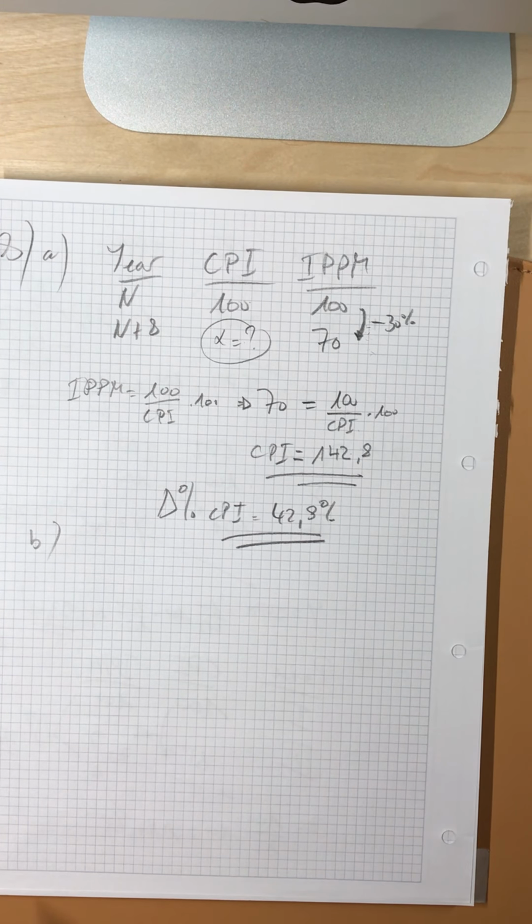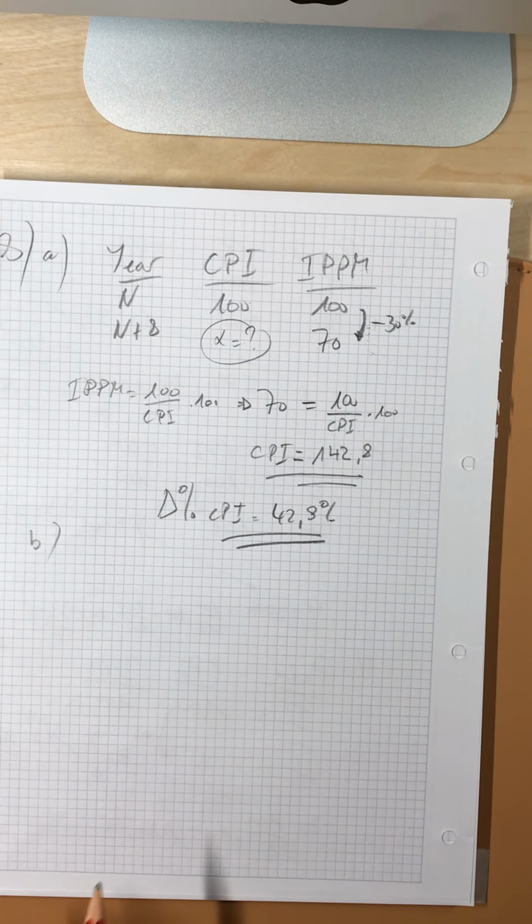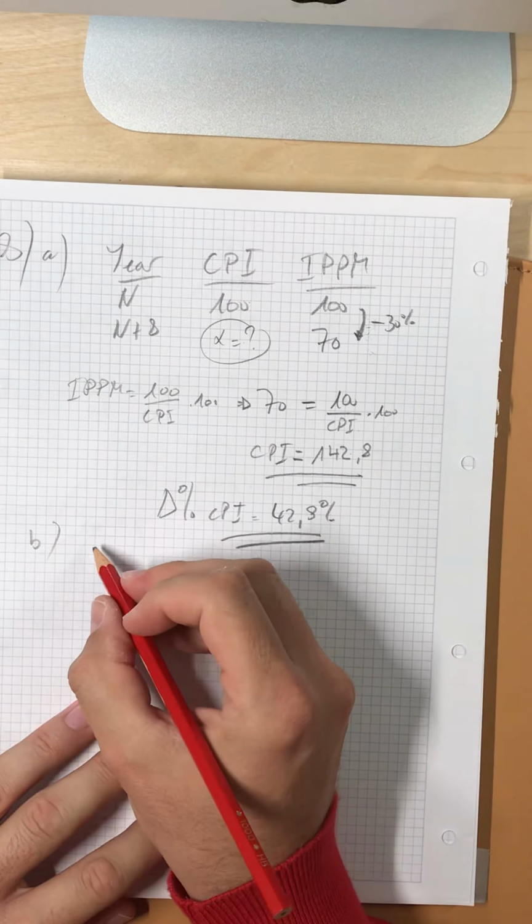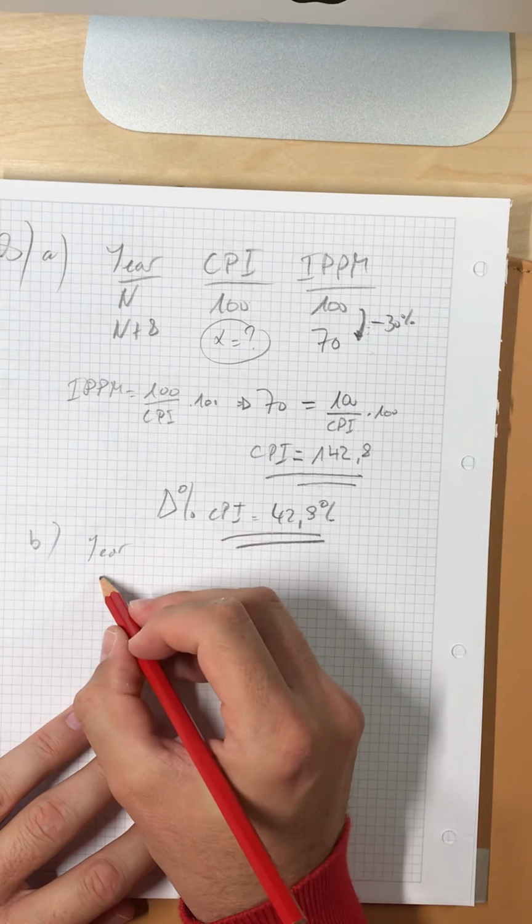Compute the percentage change of the purchasing power of a worker, whose income, purchasing power of income, has increased by 60% from year n to year n plus 8. So, you don't have figures? Okay, just invent.